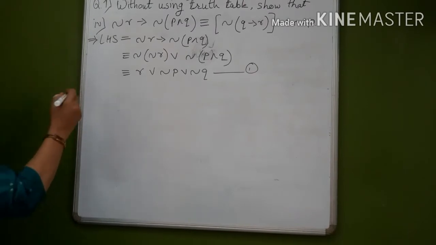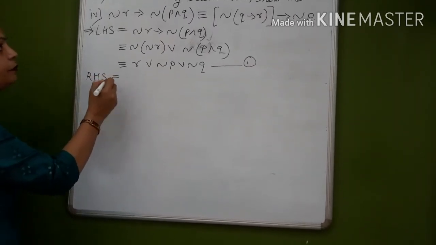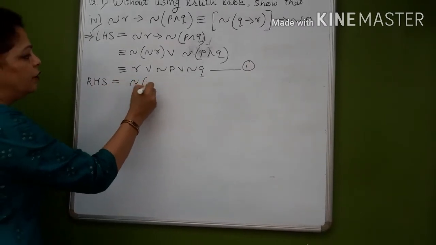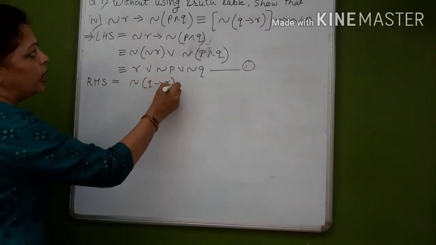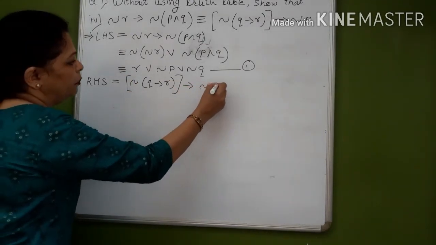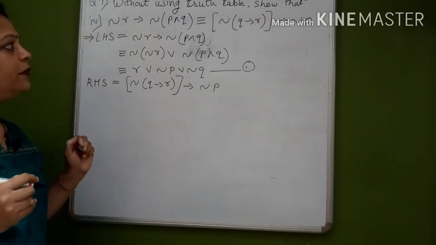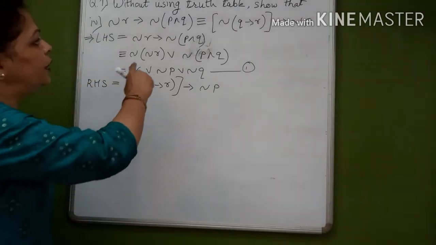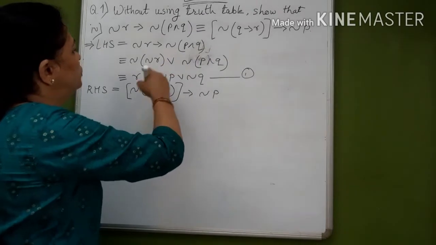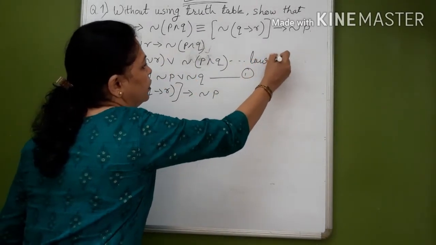Now let us simplify the RHS. What is your RHS? Negation of Q implies R implies negation P. Again it is P implies Q, implication statement. Here we have not written the law. This is law of implication.